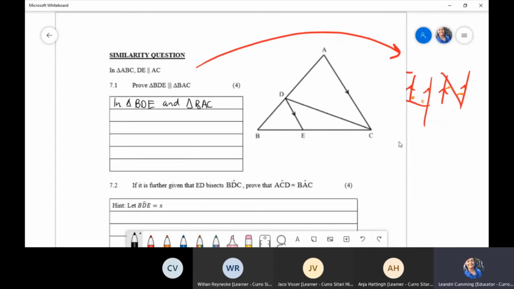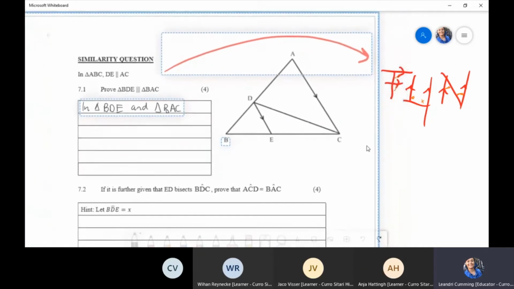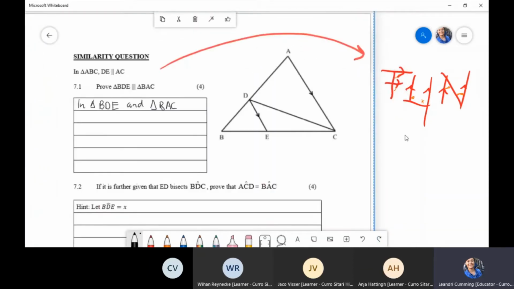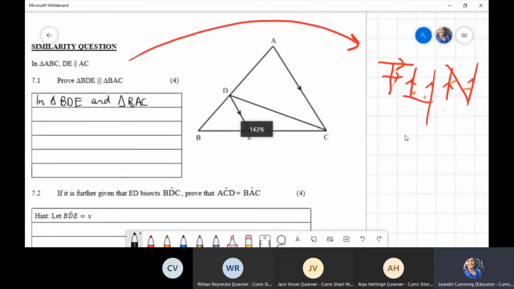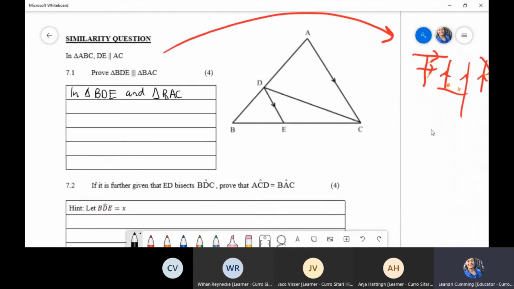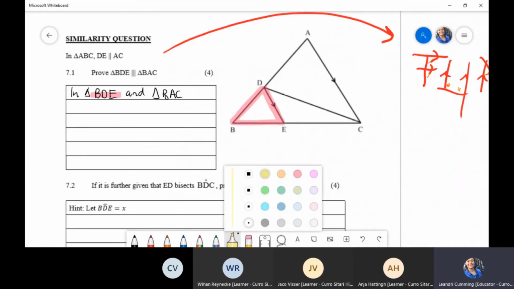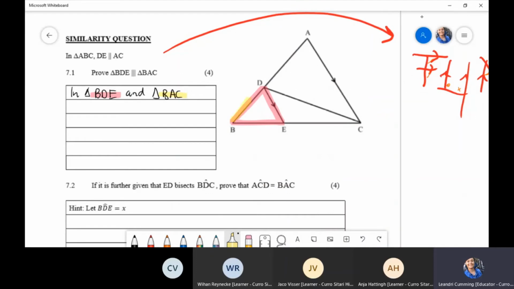Let's just remember, when we work with angles, we are working with the angles of a triangle, and that's going to be the basis of our proof for similarity. So we first look at our triangle BDE, and make a statement that would help us work with something that's the same in triangle BAC. So my first statement is going to be that angle B is in common.